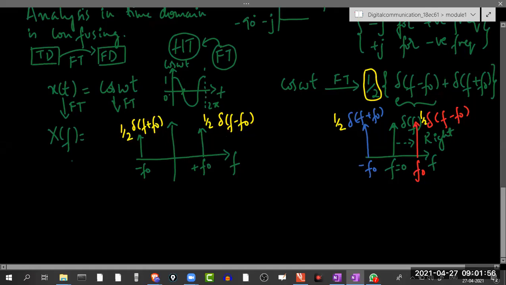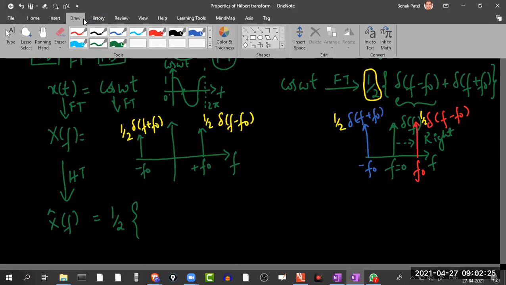So we know this. Now to this, if I apply the Hilbert transform, so initially we had applied the Fourier transform. After that, let's apply the Hilbert transform such that I'll get x cap of f. Now what is this x cap of f equal to? Anyhow, half I'll write as it is, the starting part, because that is a constant. Then the next thing that I'm having here is delta of f minus f naught. What's the frequency associated with this?